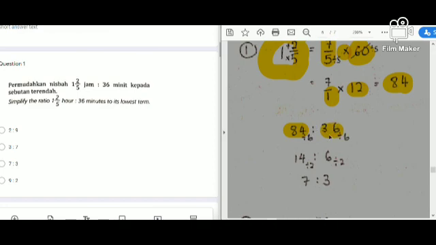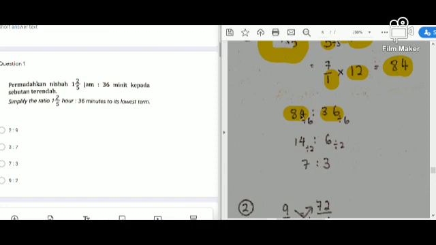ratio 36 minutes. But in a ratio make sure that you simplify to the simplest form, so when you simplify it, divide by the same number. If 84 is divided by 6, 36 must also be divided by 6.